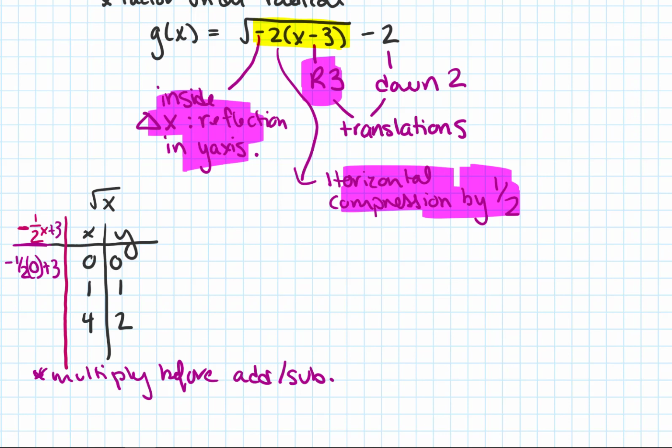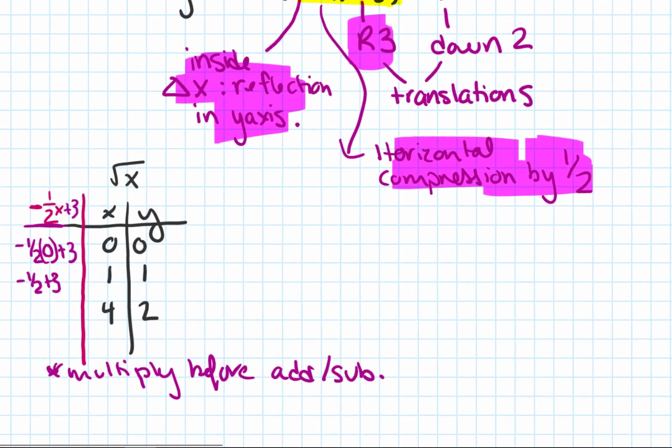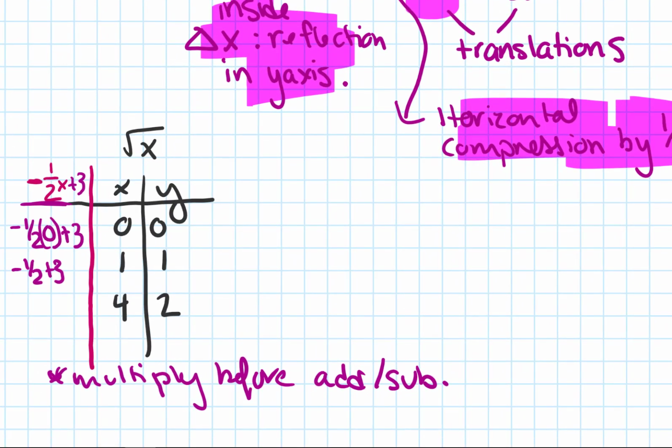So we get 3. Negative 1/2 times 1 plus 3. Kind of running out of room here. So that's 2.5. And negative 1/2 times 4 plus 3. So that's negative 2 plus 3. And so that's 1.